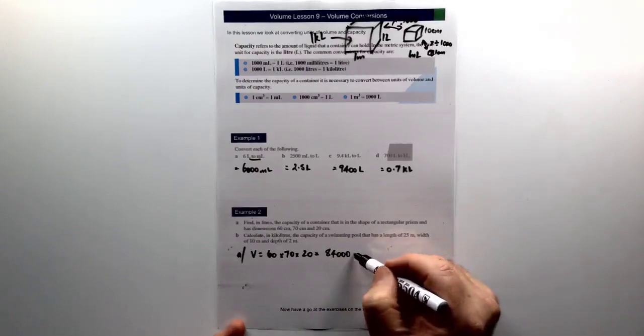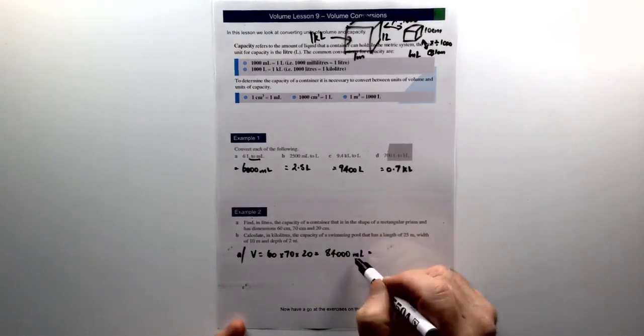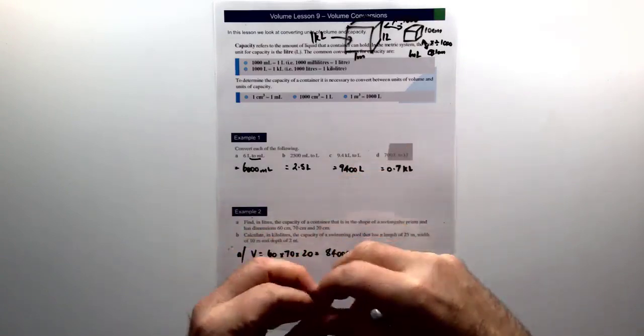And if we do that, we're going to get an answer of 84,000. Now that's in cubic centimetres, which is the same as millilitres. Okay, now again, if we want to convert from millilitres to litres, the unit's getting bigger, so the number has to get smaller. We divide that by 1,000 to get 84 litres.